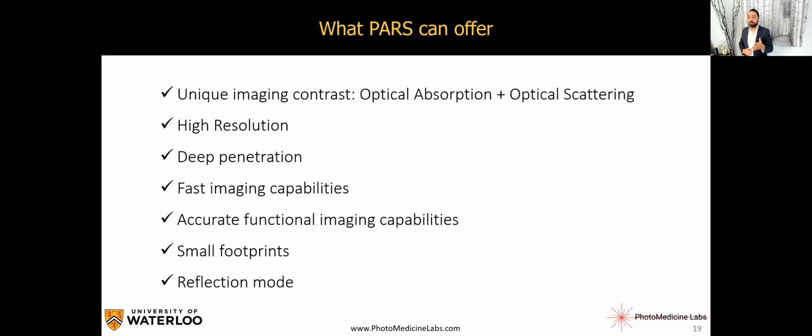In other words, the longer the wavelength, usually the deeper it can penetrate. And in this case, our resolution comes from the focused detection laser instead of the focused excitation laser. We show in our optical paper that I cited a few slides before that we can do 2.5 to 3 millimeter penetration depth.